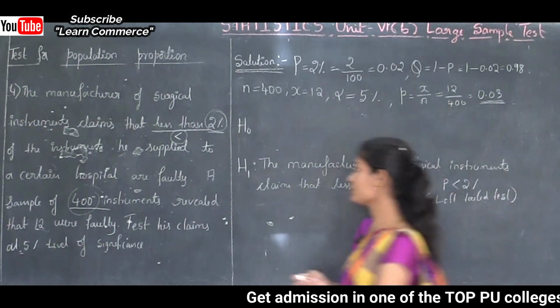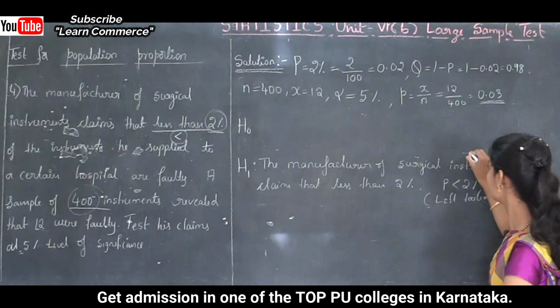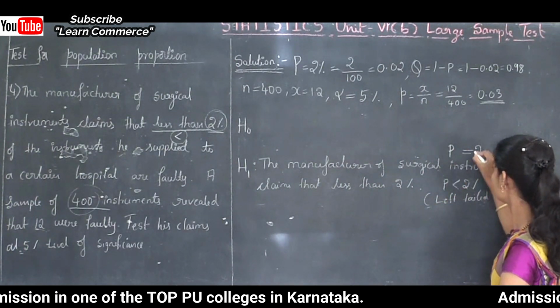Then what is H naught? H naught is always equal to the type, so we can write P is equal to 2%.